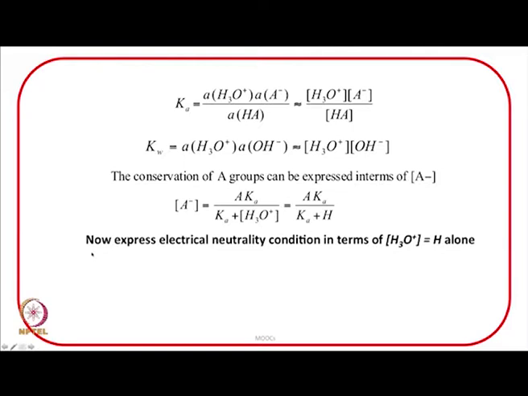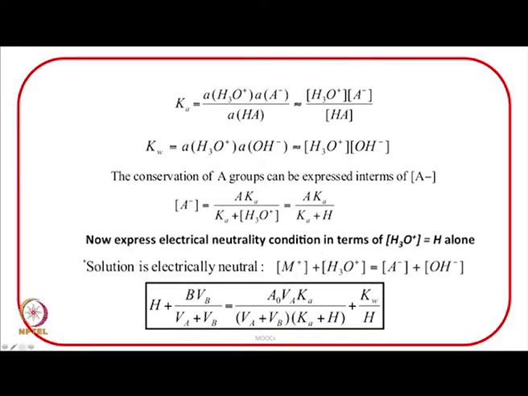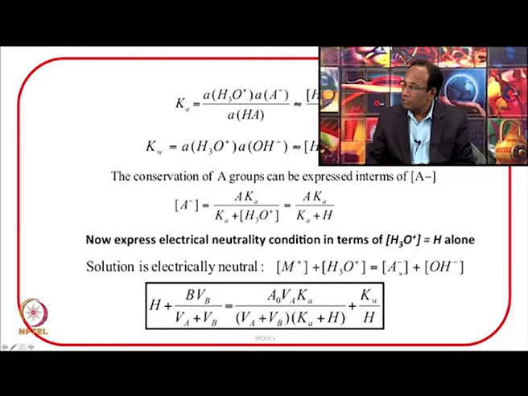What we are doing is we express the electrical neutrality condition in terms of H alone. And what is that condition? The solution is electrically neutral, that is the total concentration of positively charged species is equal to the total concentration of negatively charged species. We have expressions for M plus, A minus and OH minus.